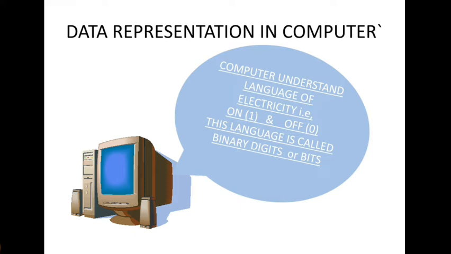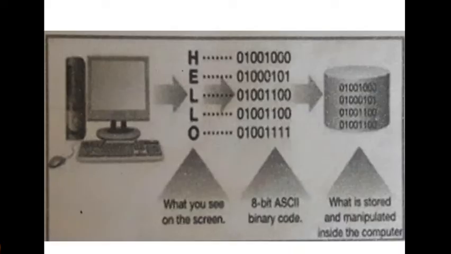Bits is the smallest unit in our computer memory. You can see here on the screen how the computer is converting each and every alphabet of hello into two digits, or binary digits.